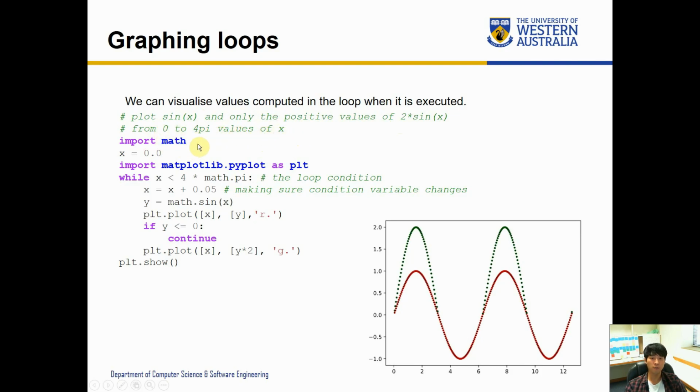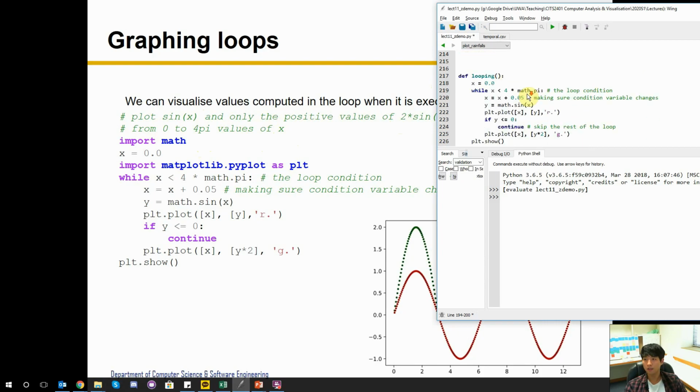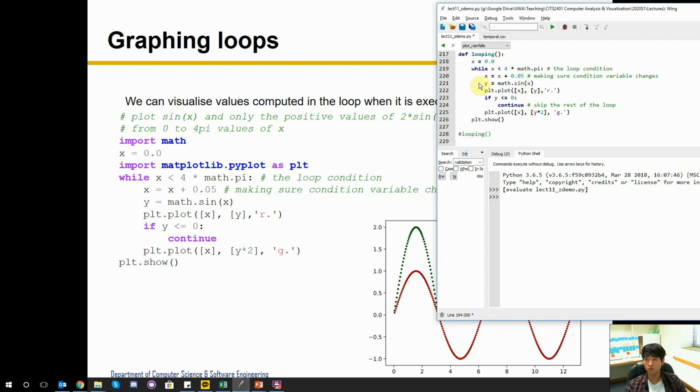So we're going to use our math module and import this. Okay, so let's do that. Hide this. I put it into a function called looping. What we do is start the x value from 0, and we're going to go up by increments of 0.05.